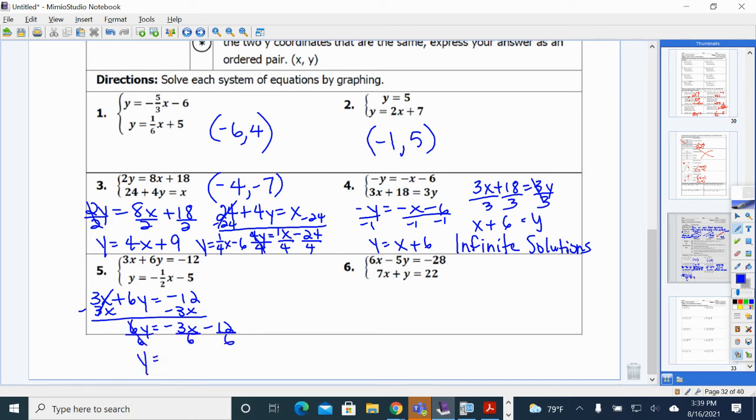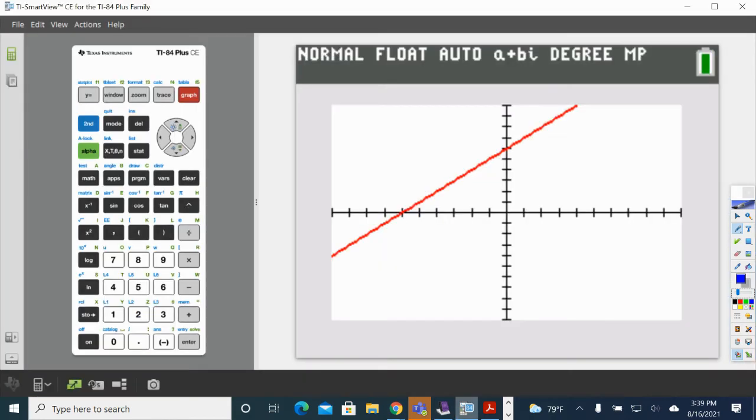And we get y equals negative 3 over a positive 6 is going to reduce to negative 1/2 x. And then negative 12 divided by 6 is a negative 2. So I got y equals negative 1/2 x minus 2 for one of my equations, and y equals negative 1/2 x minus 5 for the other. So let's put those in.